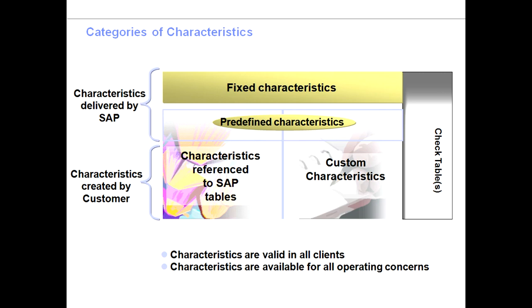In case of fixed characteristics, SAP considers those characteristics when the data flows from that object to the COPA object. Like for example, when we flow data from production order to COPA, or we flow data from internal order to COPA.